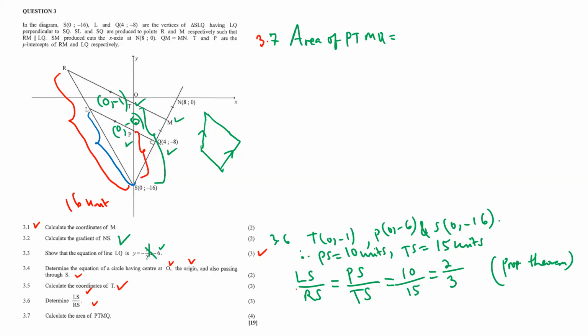Right, so the area of PTMQ is basically a trapezium. We can find the area of the trapezium, or you can say the area of PTMQ is equal to the area of triangle TSM minus the area of triangle PSQ.